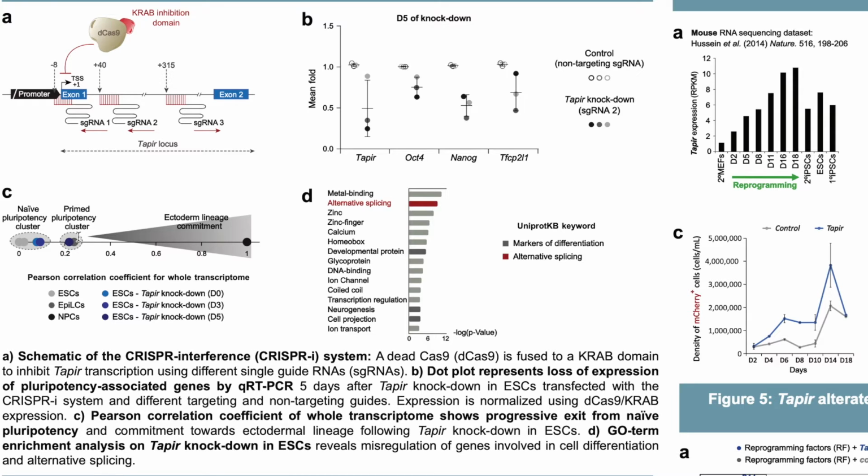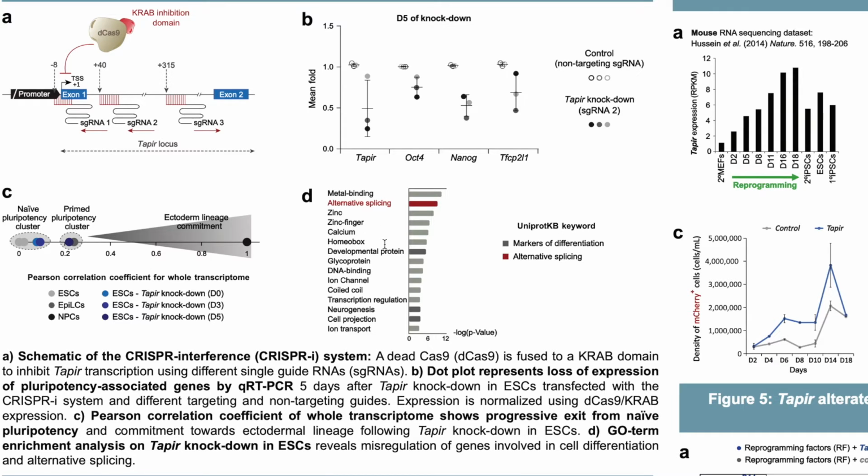We see that the cells move from a naive state, which is the ES cells that we can derive from an inner cell mass. It resembles that part of development, towards a more primed pluripotency state, which is very slightly differentiated from ES cells, but still not differentiated all the way.